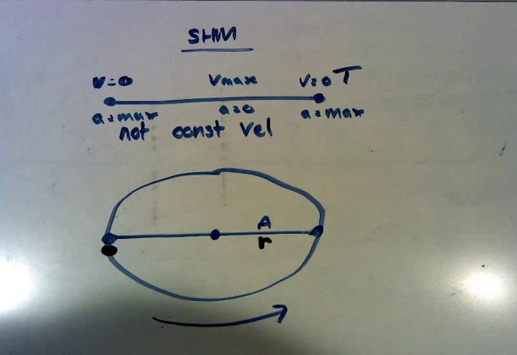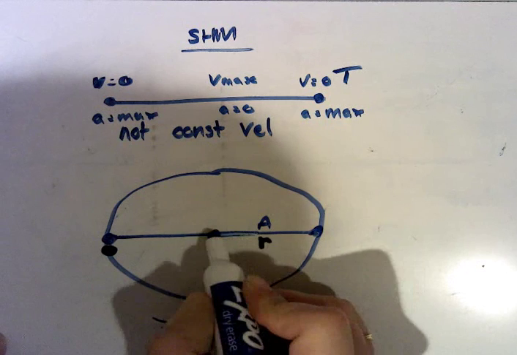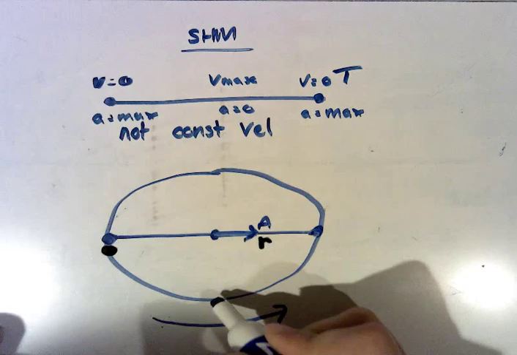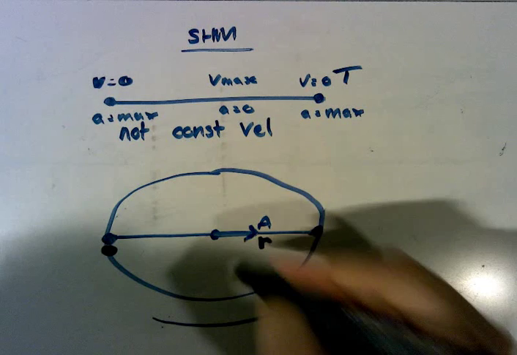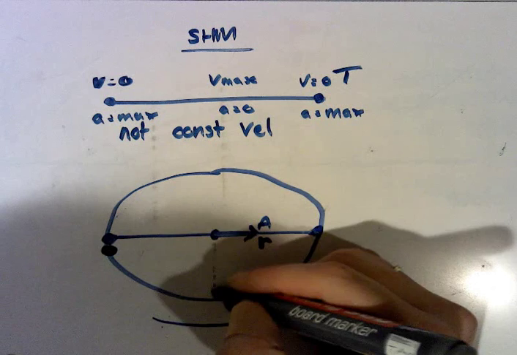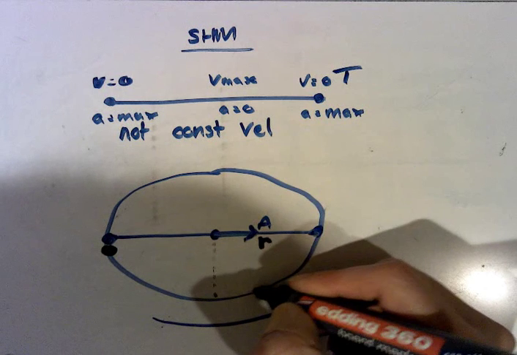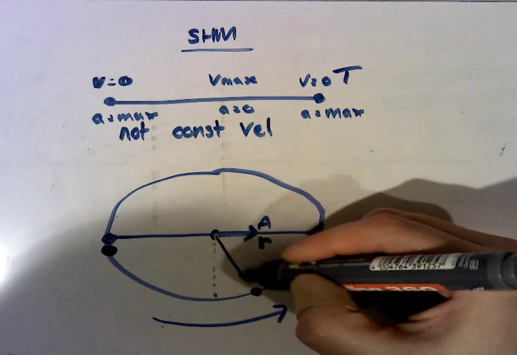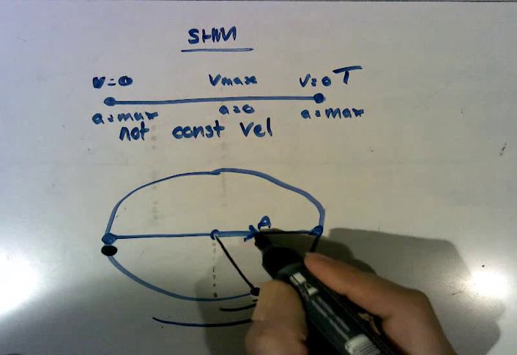So as our little spot moves some distance along here, obviously our black spot will move along its circle. So if we've gone here, our little black spot will be here. So that will have moved around this far. In the same time, our blue spot has moved around here.